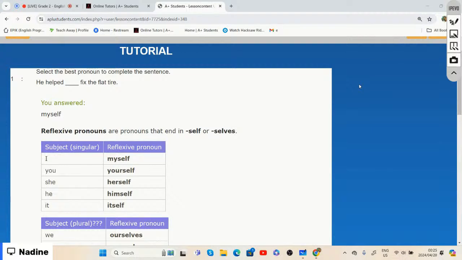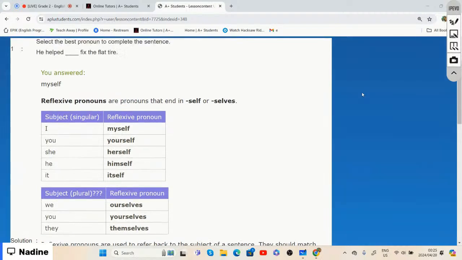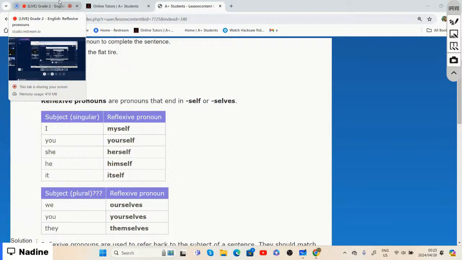All right. I'm going to leave this box open so that you can see the reflexive pronouns. It says he. He is the subject, a singular subject.